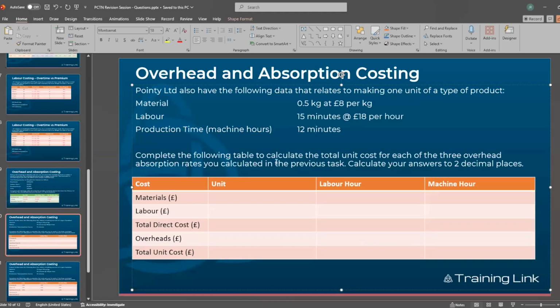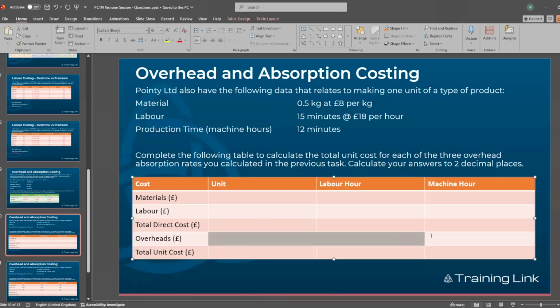So what we need to do is complete the following table to calculate the total unit cost for each of these three overhead absorption rates you calculated in the previous task. Calculate your answers to decimal places. Before we get to our overhead absorption rate, which is on this overheads row, we're going to work out the direct costs.